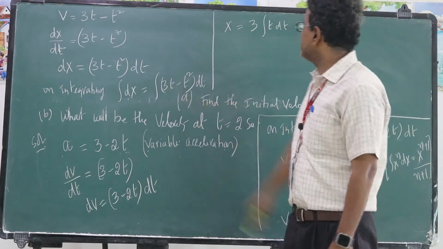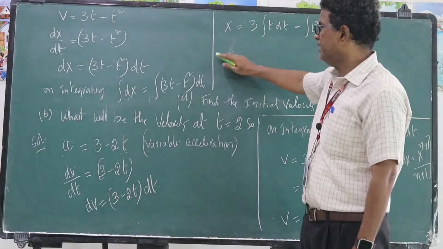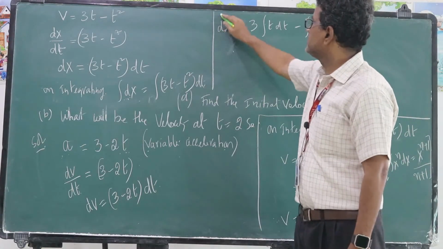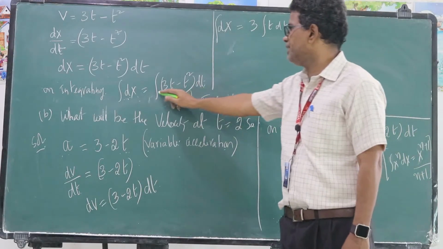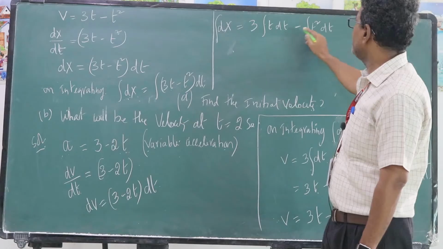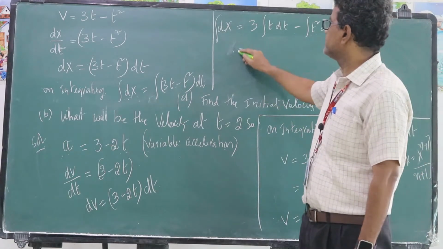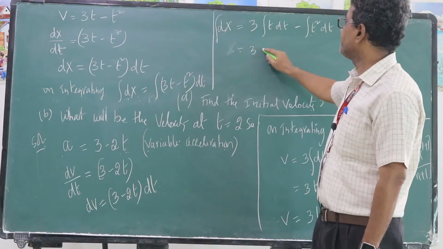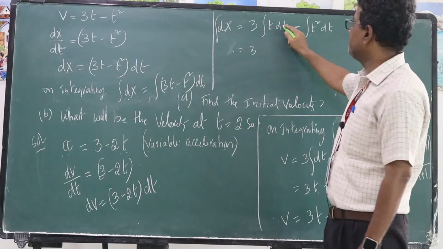You apply the formula x to the power n dx, that is x to the power n plus 1 by n plus 1.